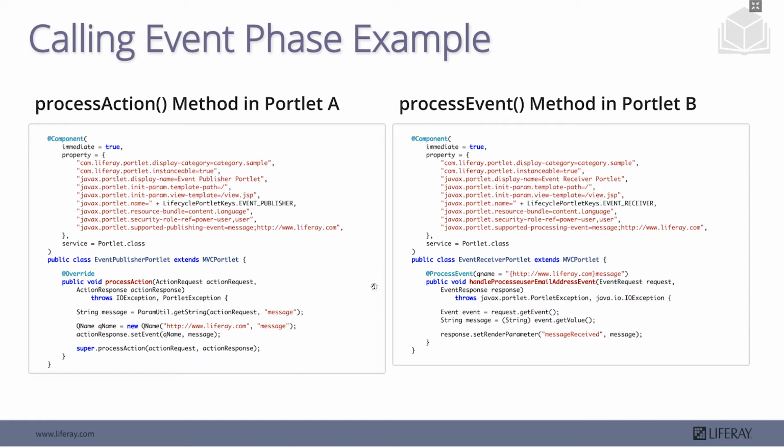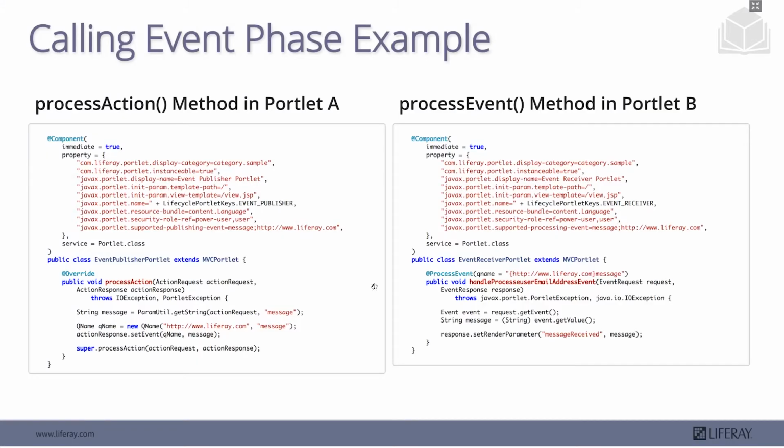So back over at portlet A on the left-hand side, we see in the process action method that we're going to be setting the event. We see the action response object dot set event. We have a queue name so that we can specify which event we're going to set, and then we can have a message within the event object. So long story short, portlet A sets the event, and once the event is set, over in portlet B, we see the annotation at process event.